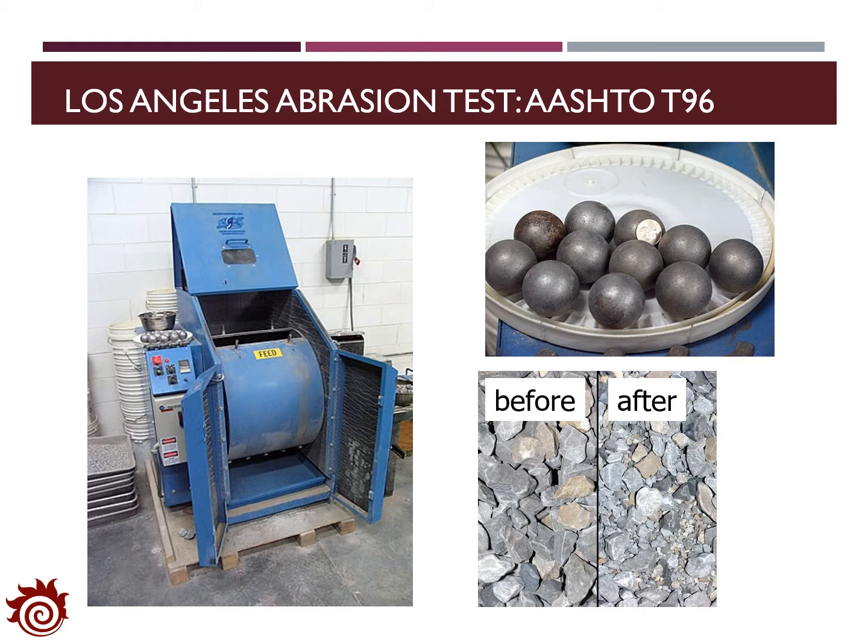It will use some standard steel balls and mix them with aggregates. Then they will be placed in a drum and rotated for a specific number of revolutions. The figure on the right bottom shows the status of the aggregates before and after the test. You can see that the aggregate was crushed to smaller pieces.